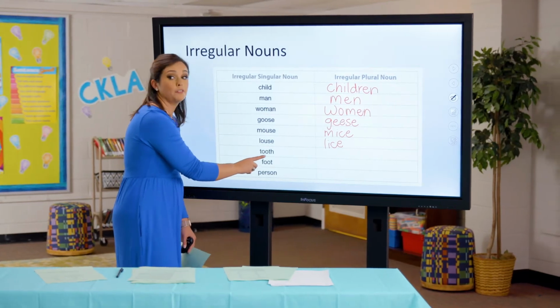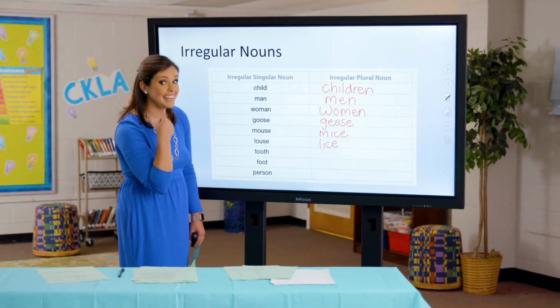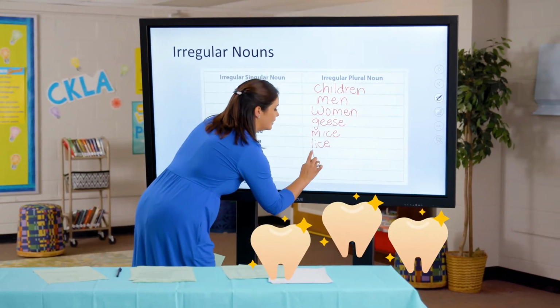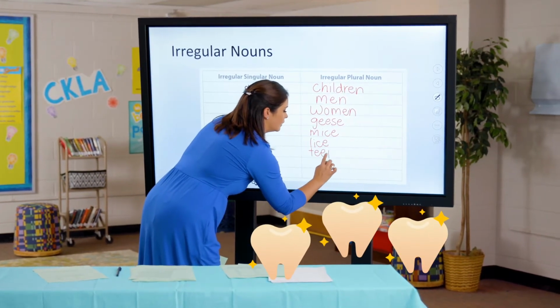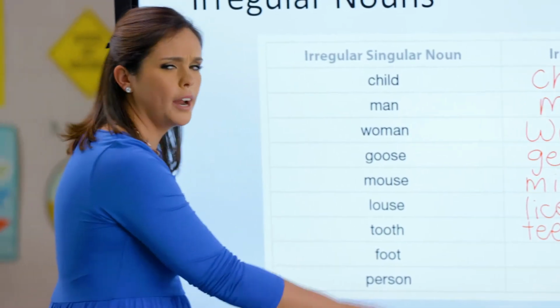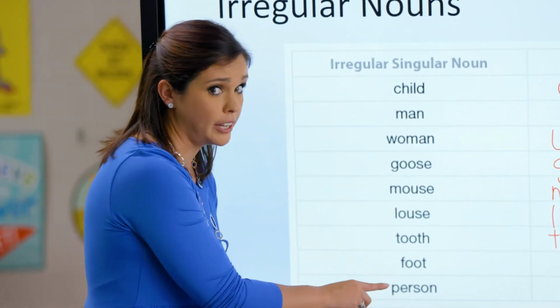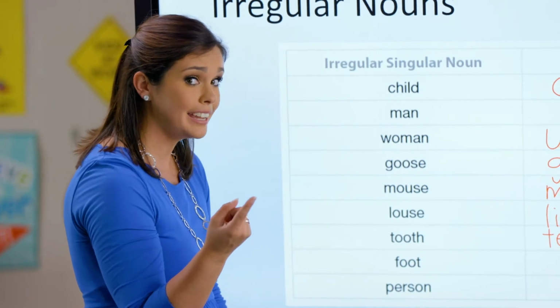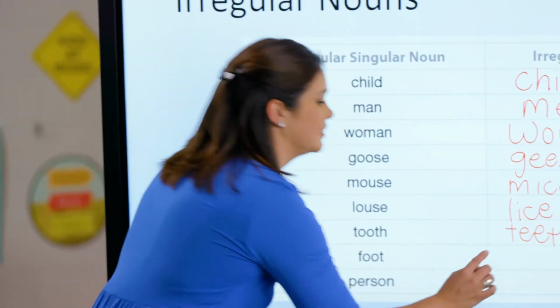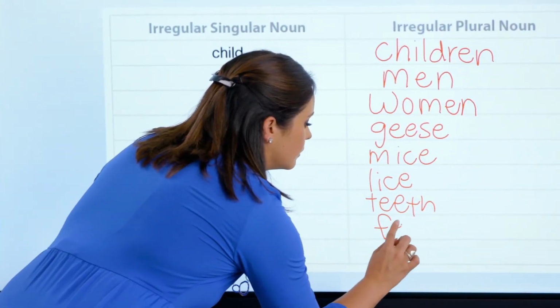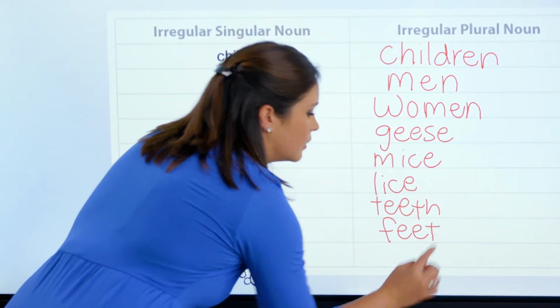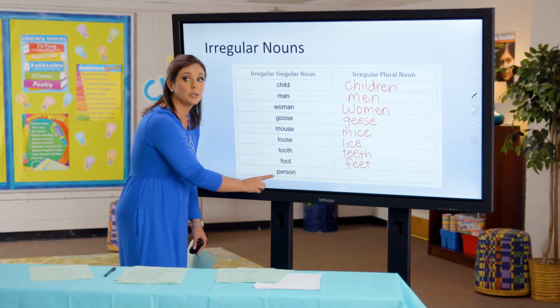The plural form of tooth is teeth. What about the plural form of foot? More than one foot is feet. And our last word is person.